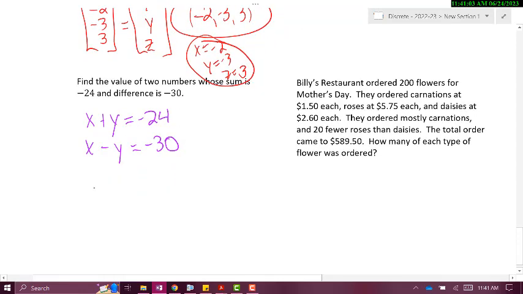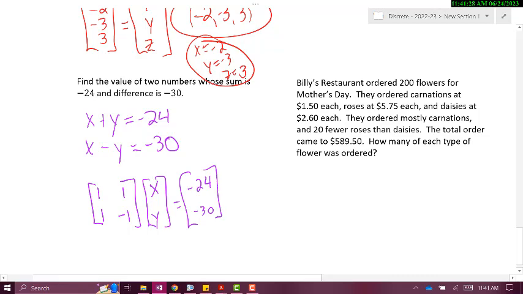So that means our A matrix is 1, 1, 1, -1. Our variable matrix is x and y and equals -24 and -30.